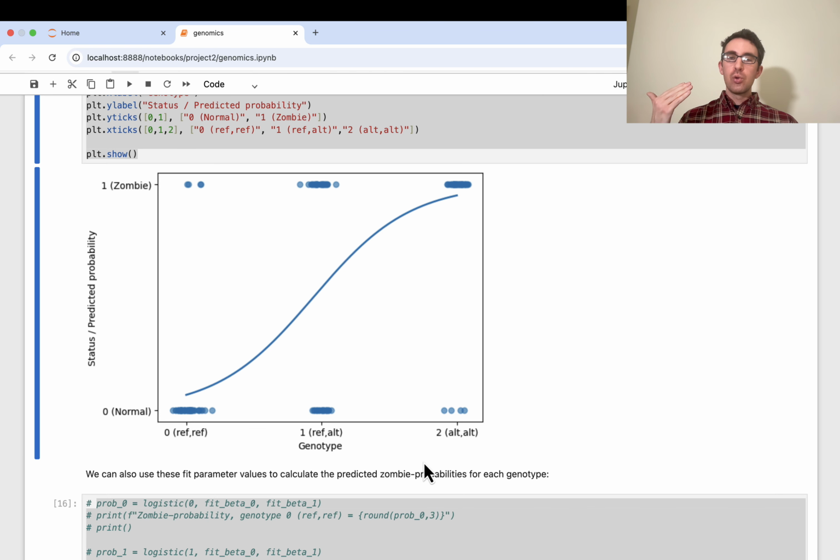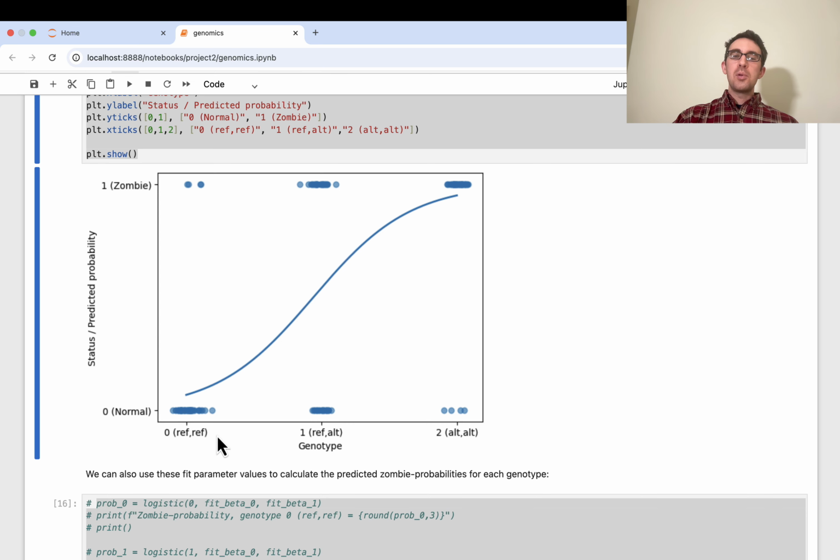If we don't know the true label, we can use this logistic growth curve that we fit to the data to estimate the probability that this new sample is a zombie or normal based on their genotype for this SNP, using the model we fit where we knew the genotypes and labels for a bunch of people.